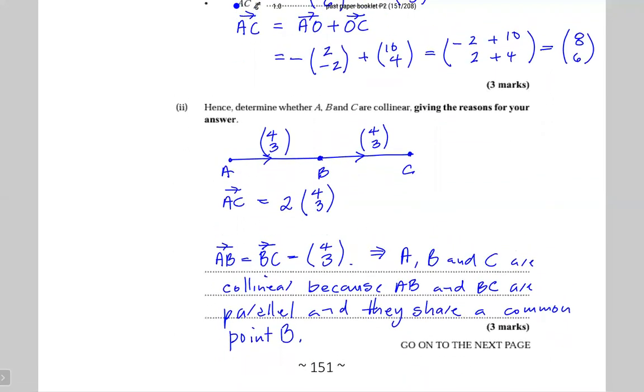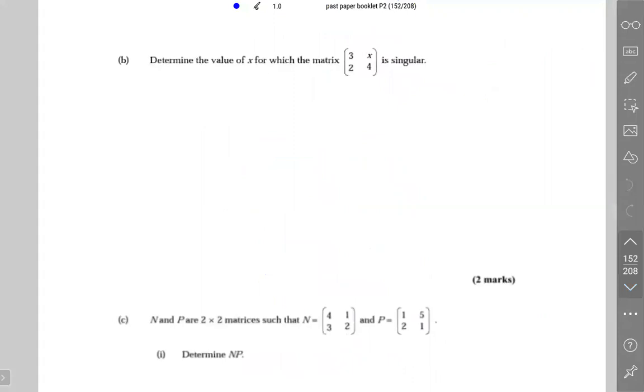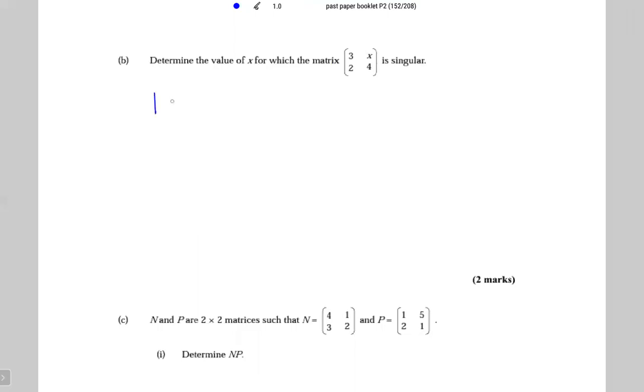All right, let's turn the page. Part B says determine the value of x for which the matrix (3, x; 2, 4) is singular. Now, if a matrix is singular, its determinant is equal to 0. So let's find the determinant of this matrix.